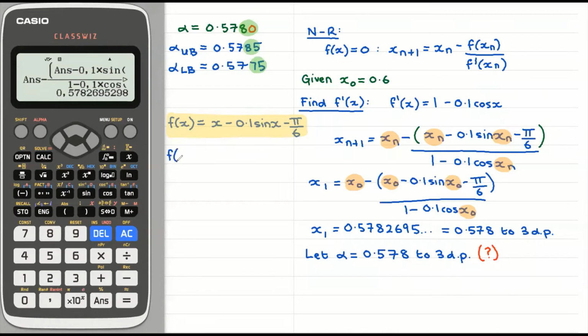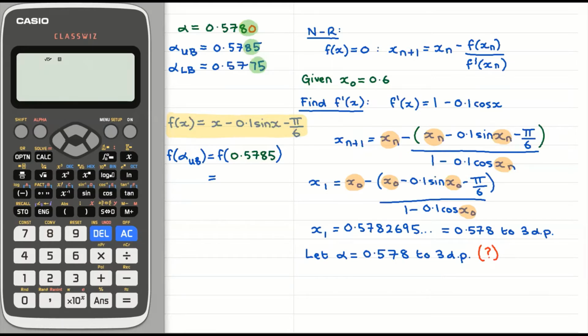So we're going to do f of alpha upper bound first of all, which is of course f of 0.5785. All right, so I'm just going to plug all this in and let's see what happens. So go back to menu, option 1. And remember, you need to be set on radians for this as well, because we're dealing with trig. Okay, so let's plug everything in.